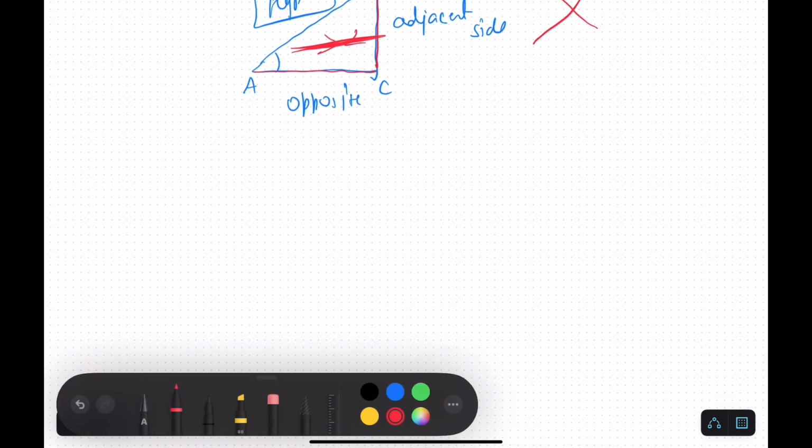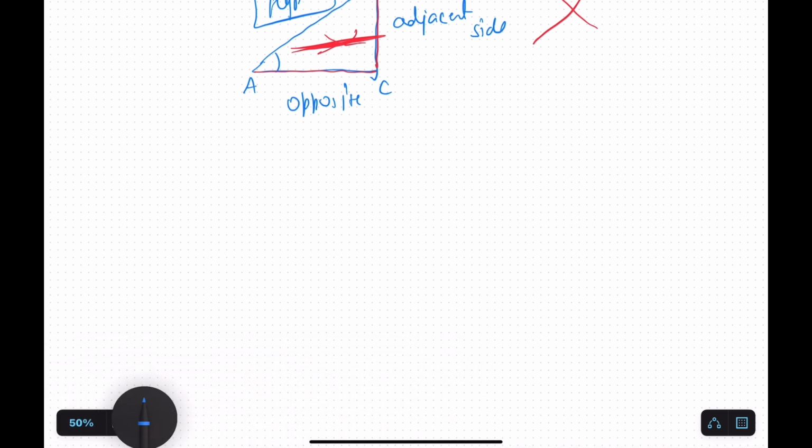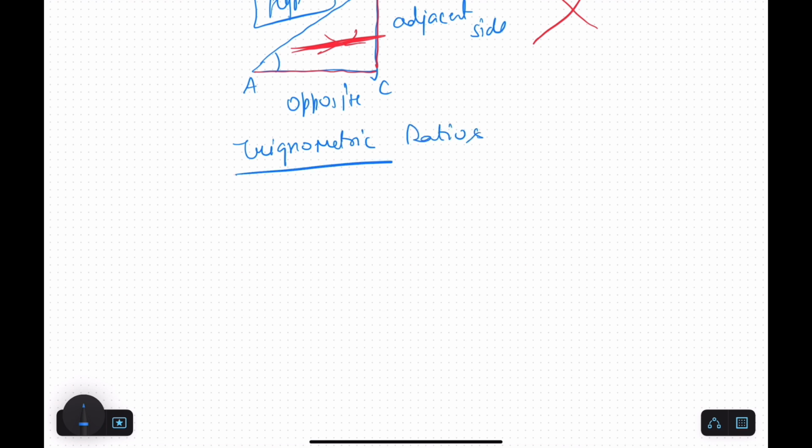Now we are going to learn about the trigonometric functions. Trigonometric functions basically tell you the ratios of the sides. Similarly, trigonometric ratios. What are the trigonometric ratios?